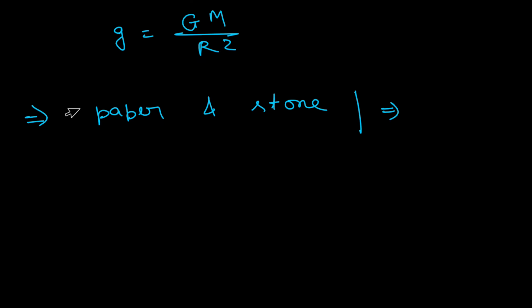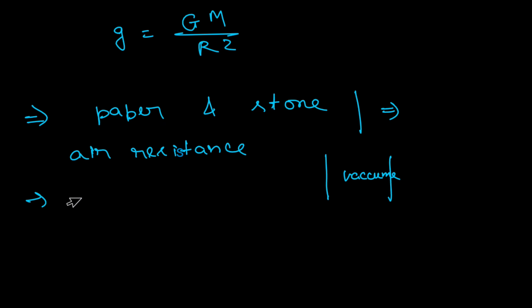So if we drop them from the same height, they will reach the surface of Earth at the same time. But this does not happen due to air resistance. If we drop a paper and a stone in a vacuum chamber, then both will reach the Earth's surface at the same time.